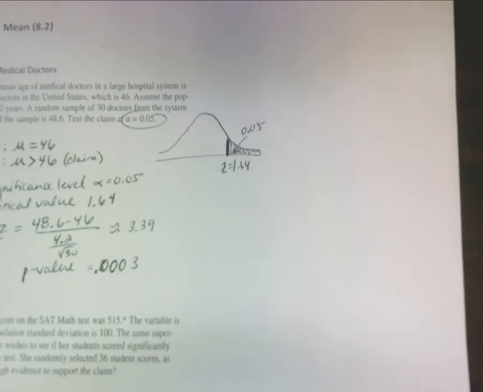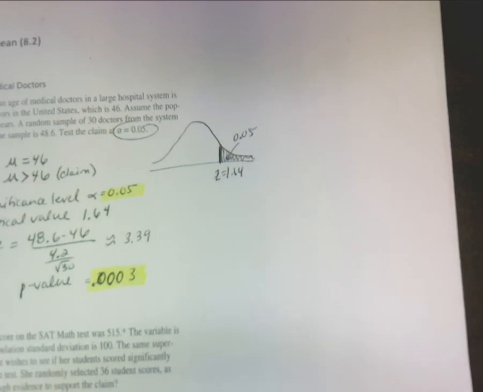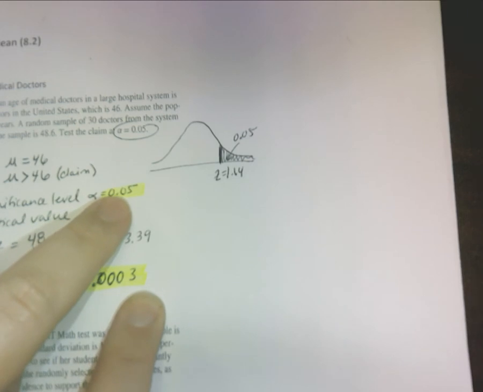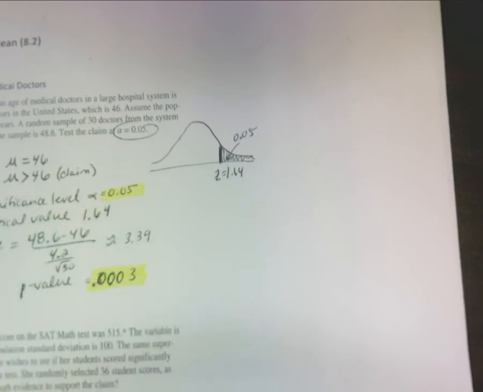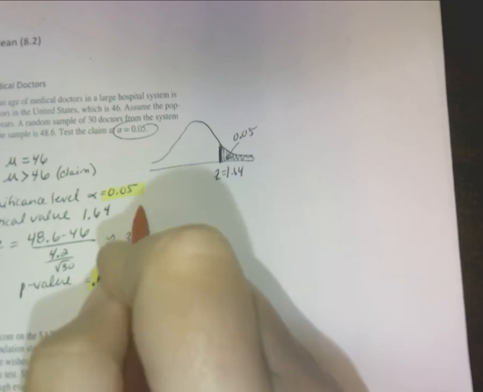Your P is 0.0003. Now here's what you're going to do. You're going to compare this number to the significance level. Is 0.0003 less than, greater than, or roughly equal to 0.05? Well, it is less than 0.05. Wouldn't you agree?